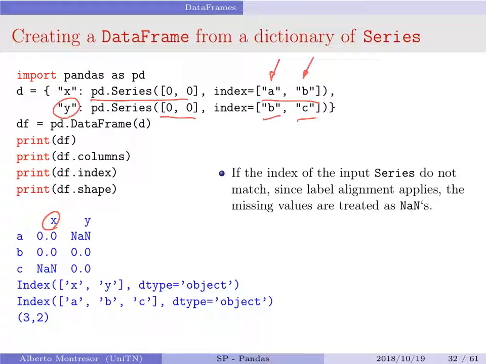So now what I get is that I still get a table, I still get 2 columns because they are specified here, X and Y, but some of the elements in the rows are not present, because there is no element for A in Y since the index is not specifying this, and there is no element for C in X because X is not specifying an element for that.